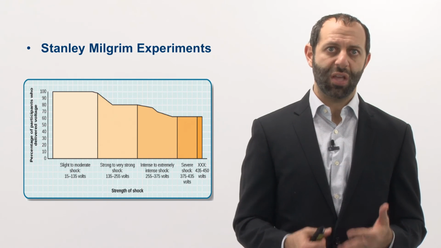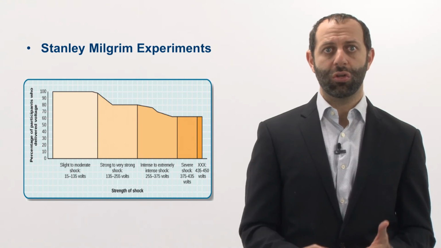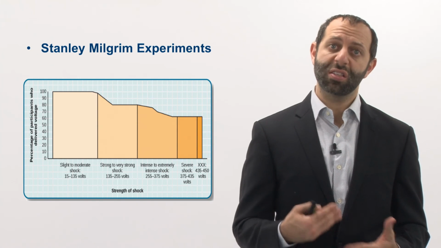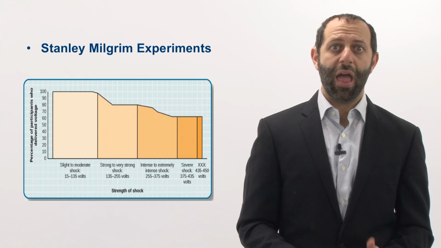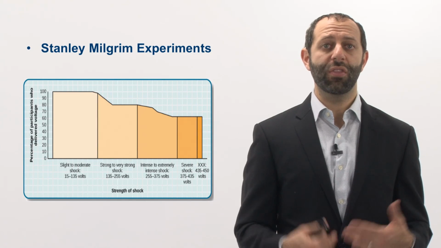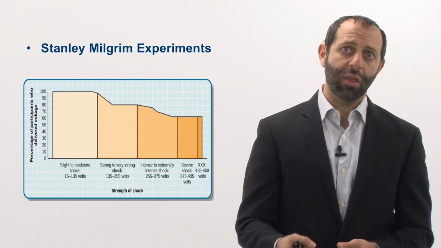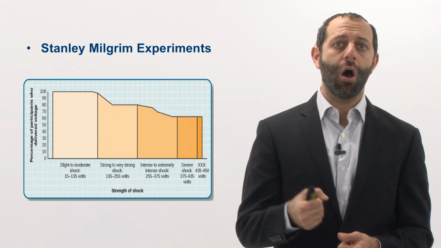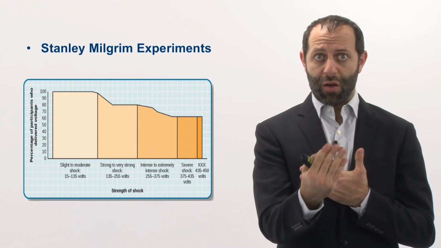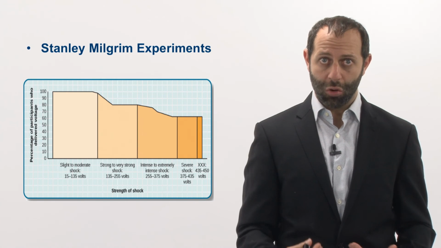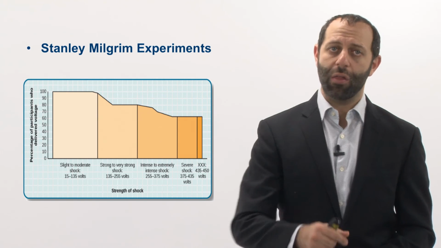So from this study, Milgram understood that we are susceptible to obedience. And there are several factors by which we achieve this state of obedience. So he learned that when people are directly in front of the researcher in the white lab coat, they will follow the instructions.